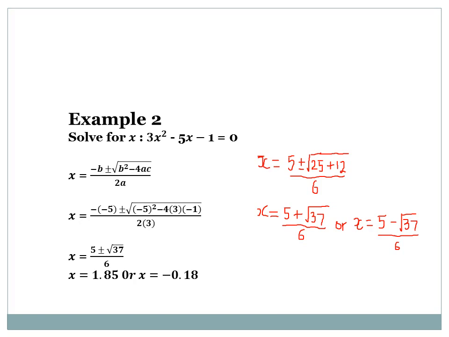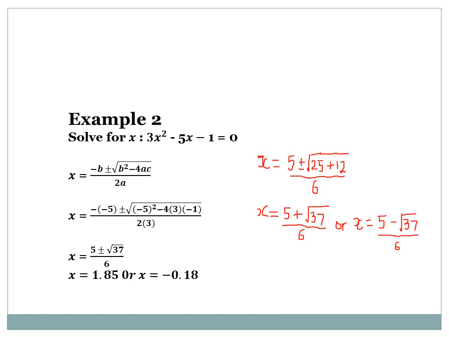So now we are going to have minus in a bracket negative 5 plus or minus the square root of, in a bracket, negative 5 to the power 2 minus 4 multiplying 3 multiplying negative 1. So negative times negative 5 will give us positive 5.